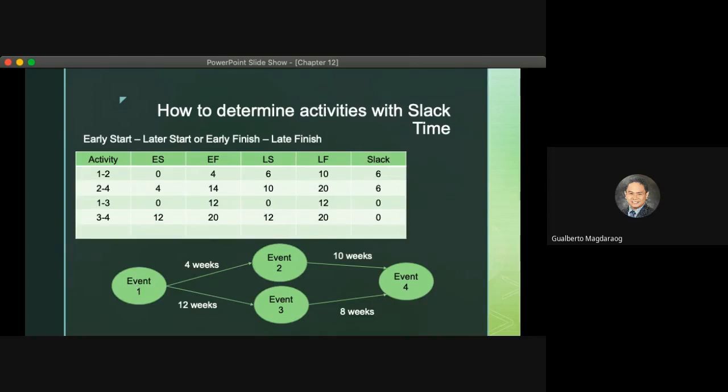Okay, we can now compute the slack. Either we use ES minus LS or EF minus LF. So let's start with ES minus LS. 0 and 6 is 6.